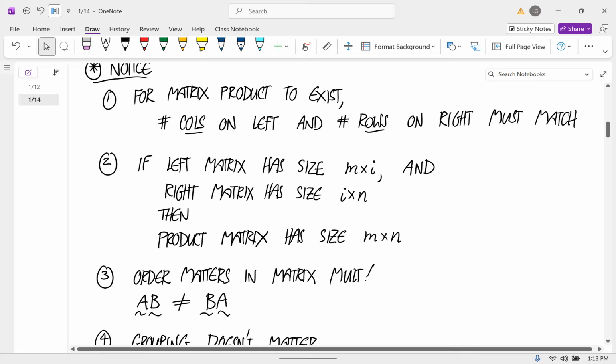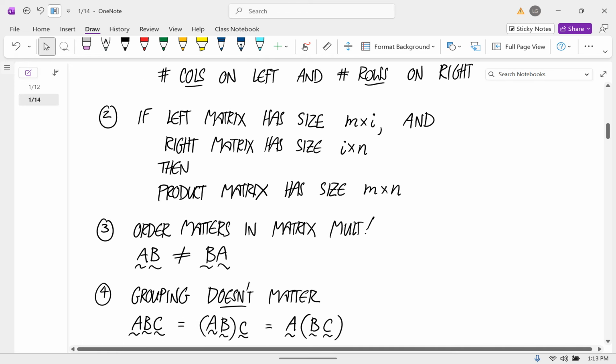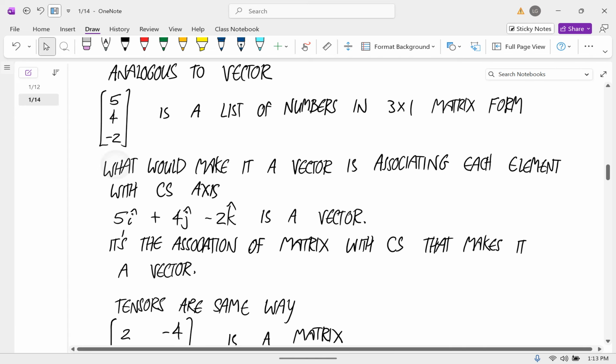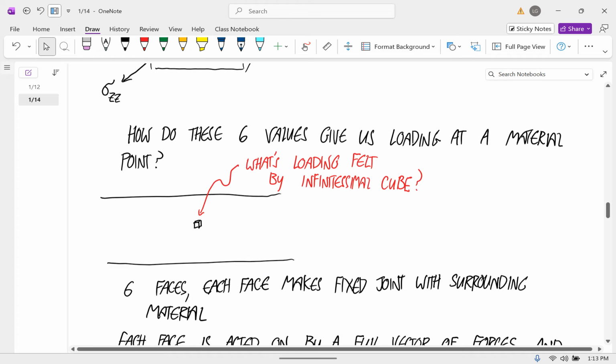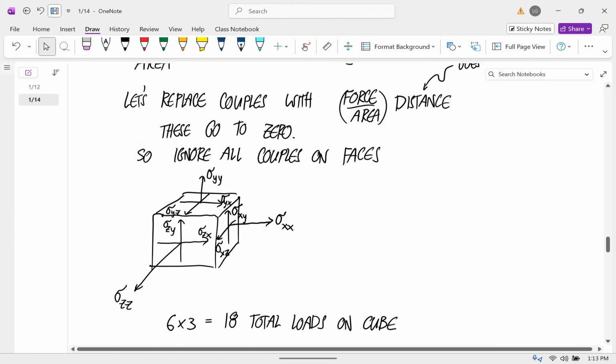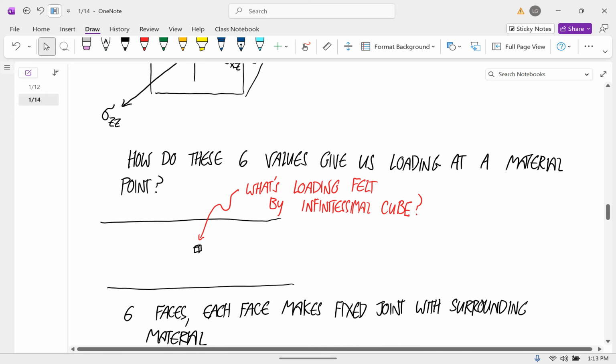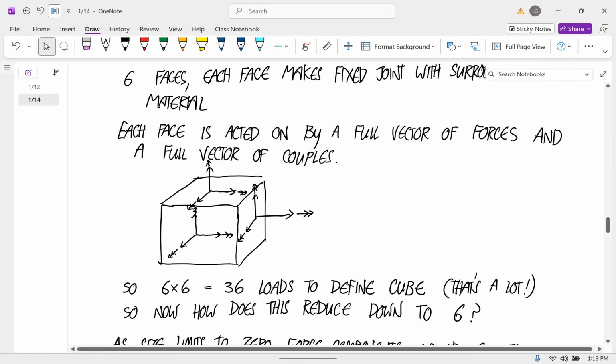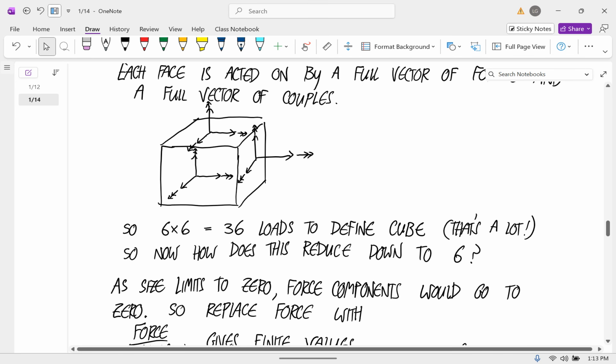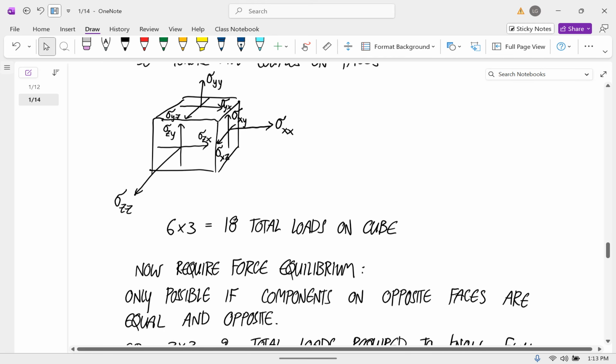What's the size of the matrix that you get from multiplying this times this? Does order matter? Does grouping matter? All this stuff. You're never going to be really responsible for the derivation of what the stress tensor is.